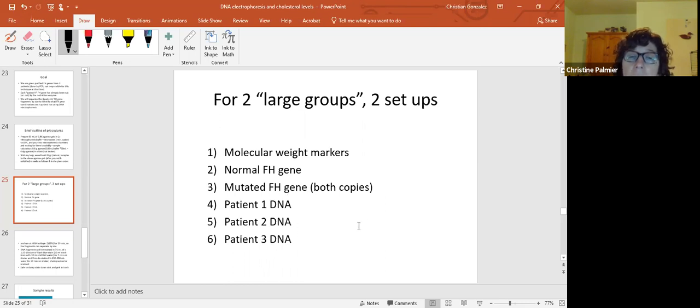And then one of those will mimic the normal FH gene. The other patient will mimic the mutated FH gene where they have both copies mutated, so you get 2 pieces. Another patient will have 1 of each, so you would get 3 pieces.